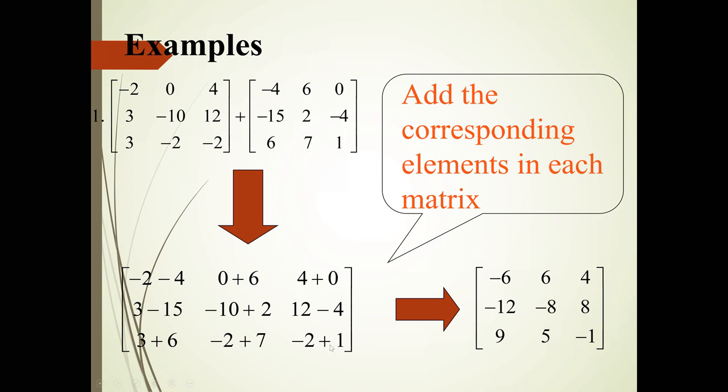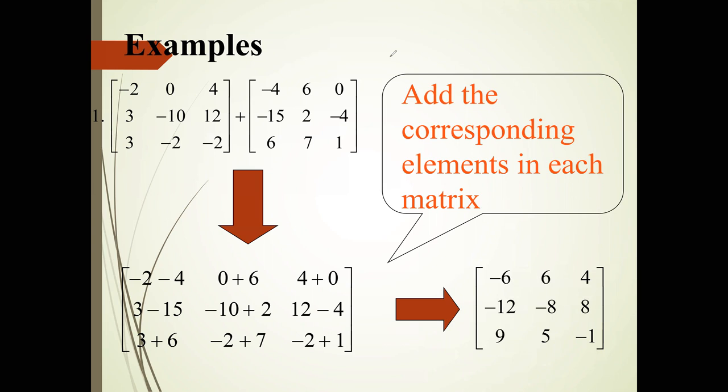And -2 plus 1, that's 1. And finally, we also end up with another 3 by 3 matrix. 1, 2, 3 rows by 1, 2, 3 columns. All right, that's pretty much adding matrices.